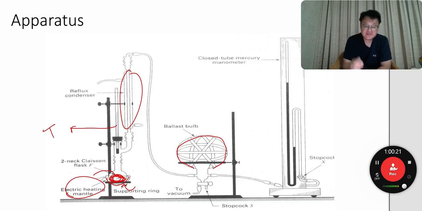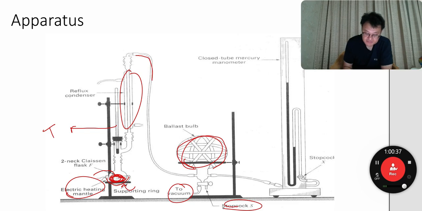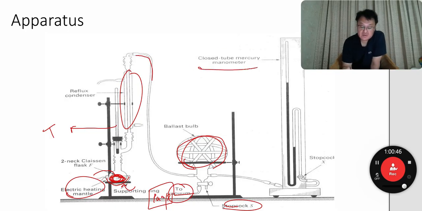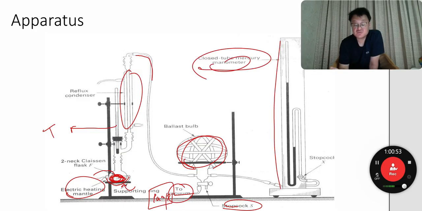So here you have either benzene, heptane, or distilled water, okay? And then here you have a tube, the ballast bulb, okay? And then you have a pump, and a stopcock here. Somewhere you will have a pump, right? To evacuate the whole system. And then you have the closed tube mercury manometer. So this is the manometer with which you can measure the pressure.